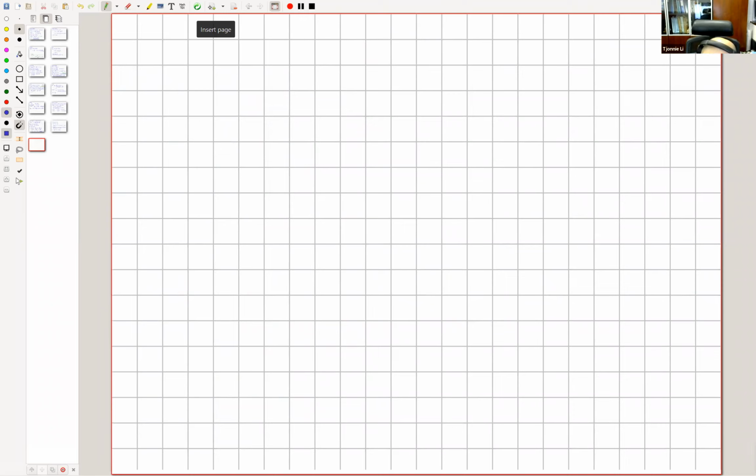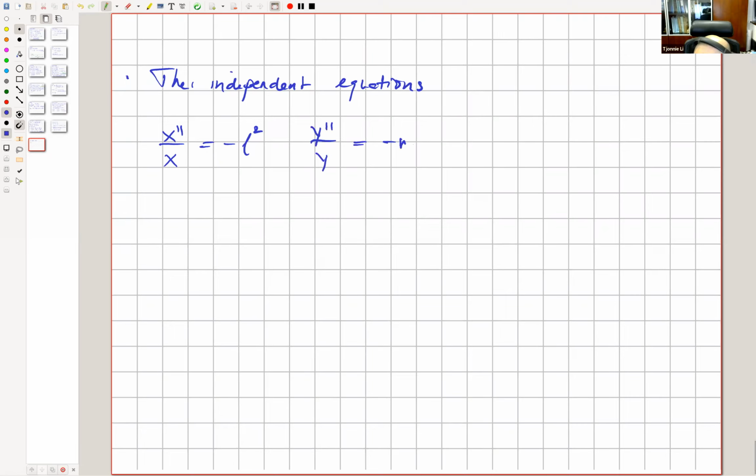We have that the independent equations are given by X prime prime over X, and let's call this minus L squared, Y prime prime over Y equals minus M squared, and Z prime prime over Z equals minus N squared, right? In this case, where L, M, N are constants.